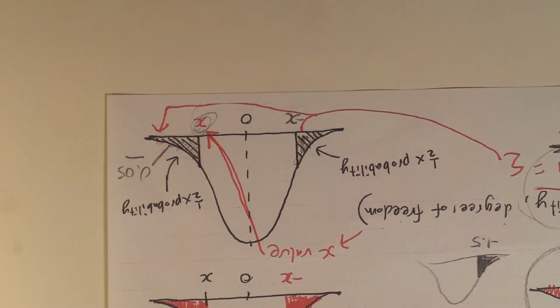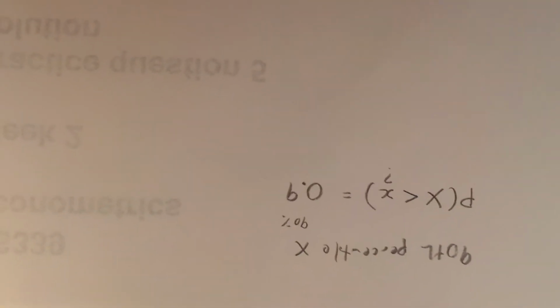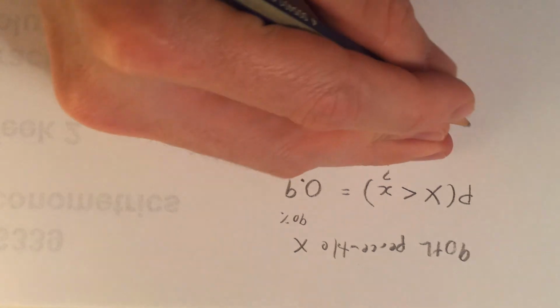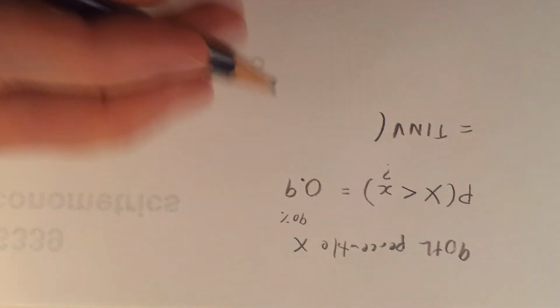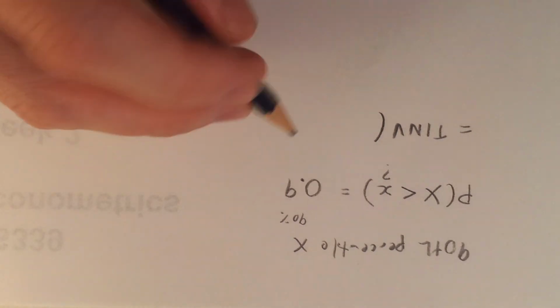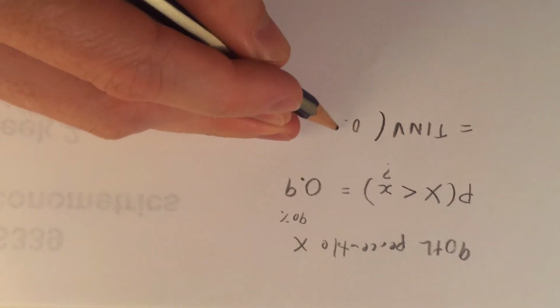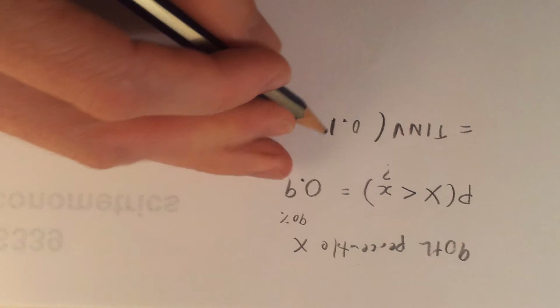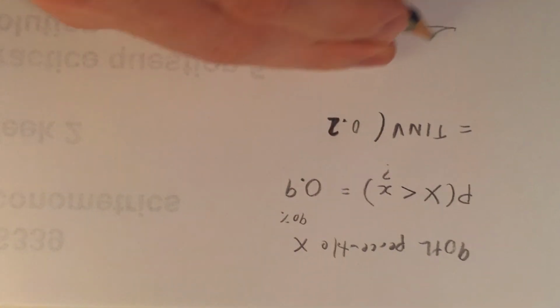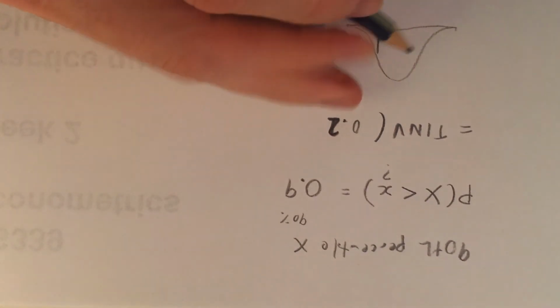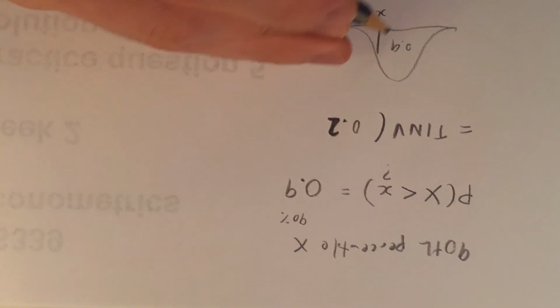So the upshot of all this is that when we use this T.INV function to answer this question, we're going to have to say equals T.INV. The probability that we have to give Excel is 0.2. So that is, to repeat, we're interested in an x value with 0.9 back here.